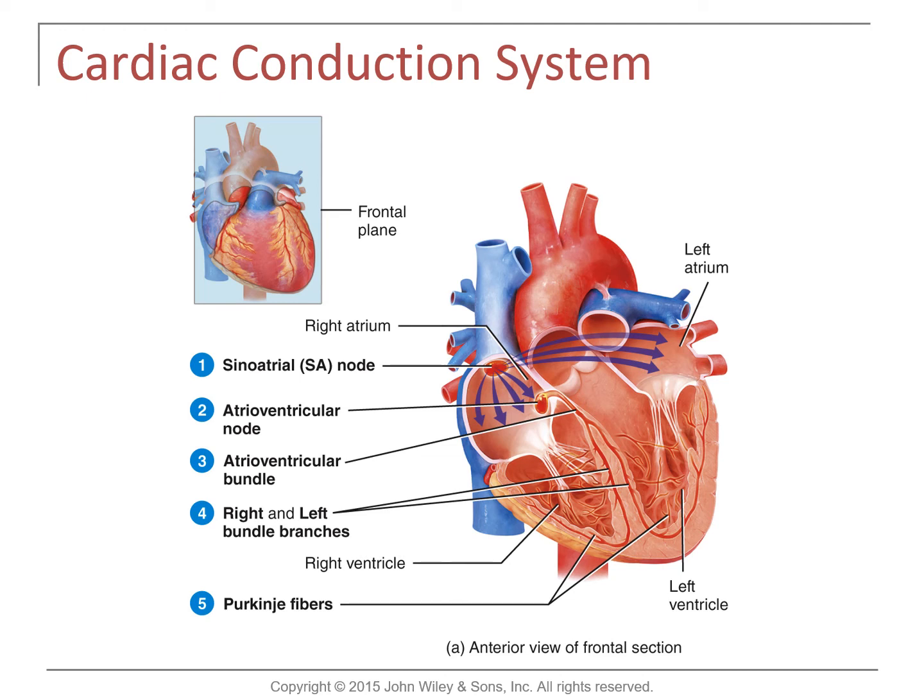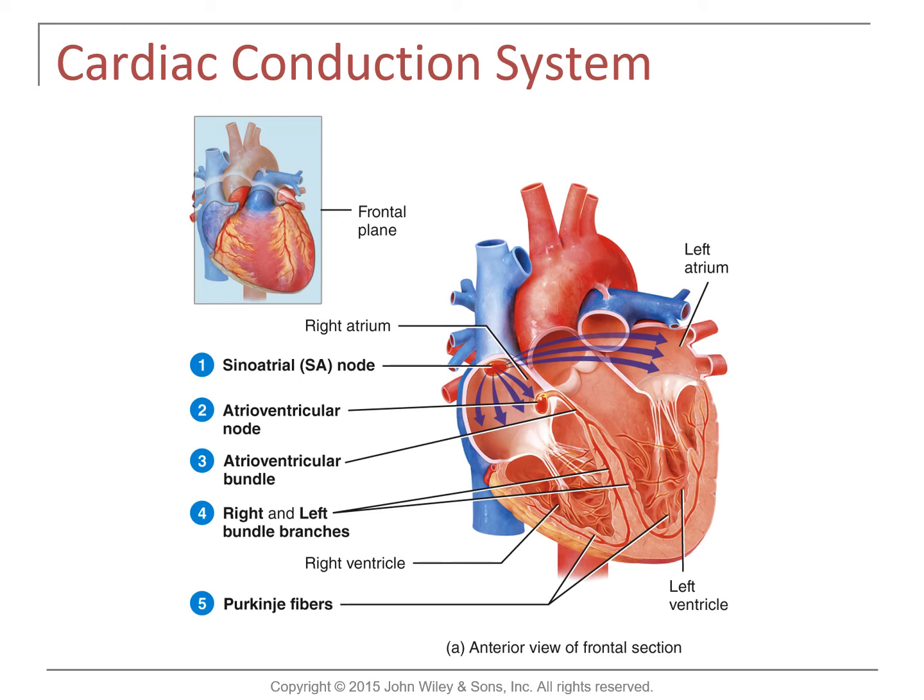That atrial contraction occurs while the ventricles are still relaxed and will help to remove any blood that's still left in the atria down into the ventricles to complete the filling of the ventricles during the relaxation phase known as diastole.